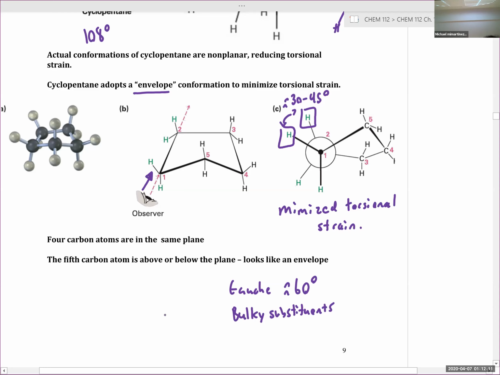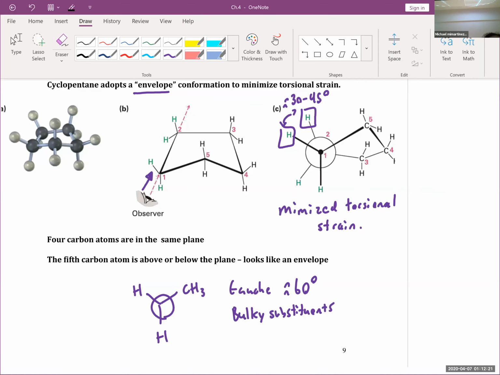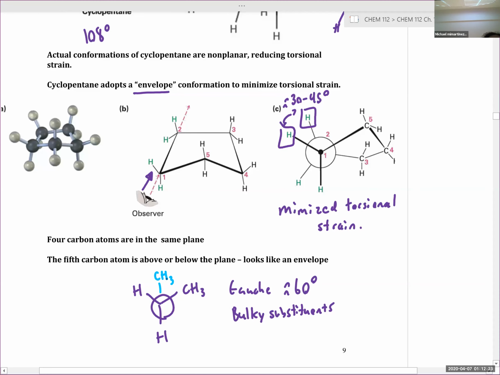So for example, if we're looking at a Newman projection with a hydrogen, a methyl, and a hydrogen, and we had a methyl on the back carbon, our dihedral angle is 60 degrees, and our substituents are relatively close in space.